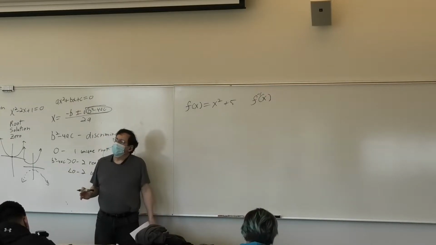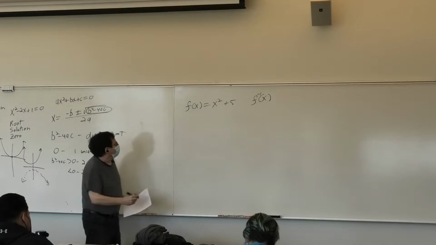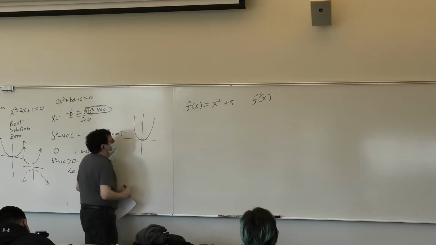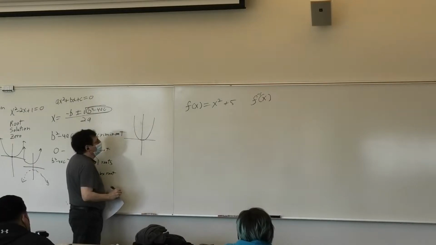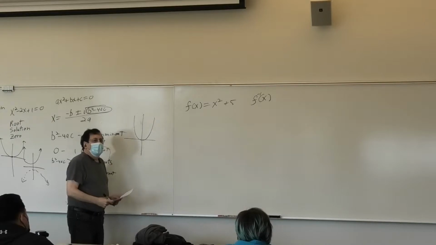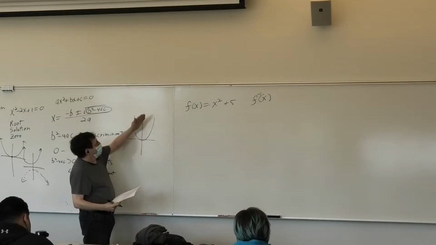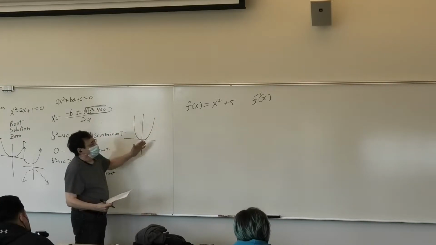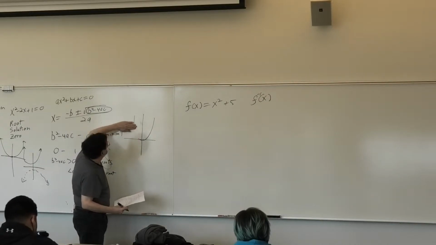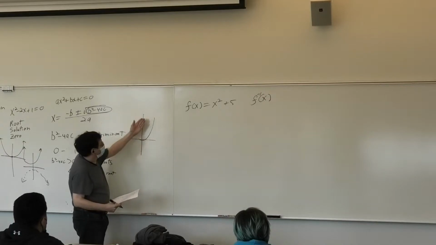Remember, you have some parabola here, you want to find its inverse. Well, this passes the vertical line test. But as you see, when we switch this over, it's going to fail it. We can adjust the domain. So we're not interested in this part, so now its inverse will be a function.